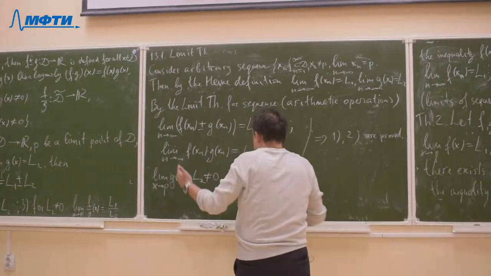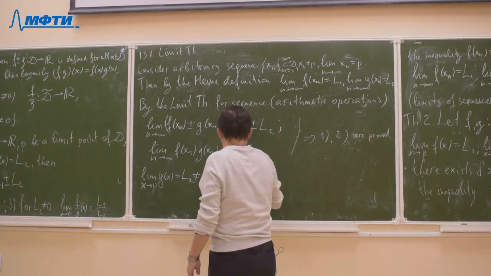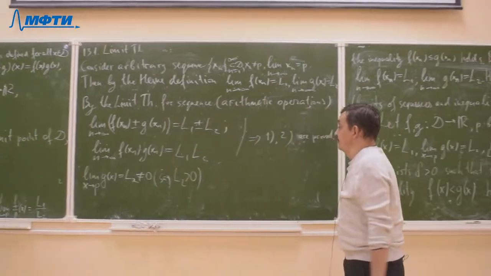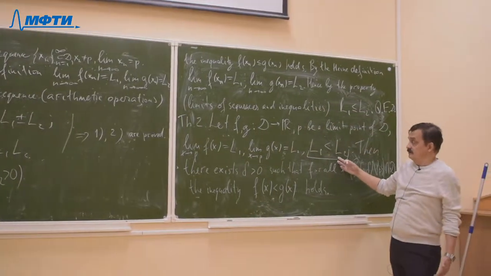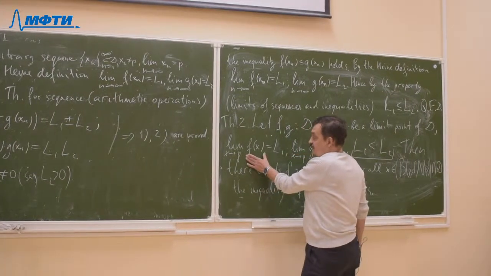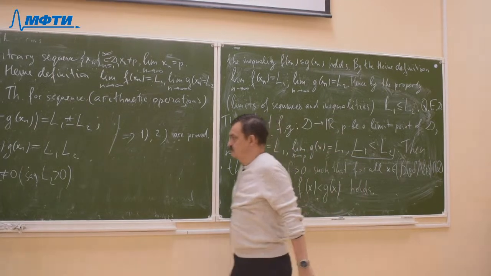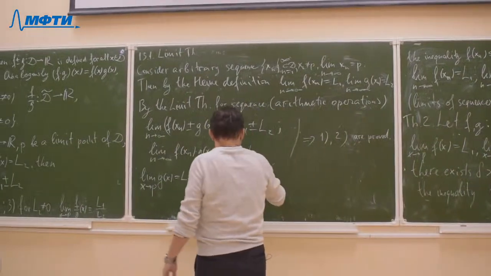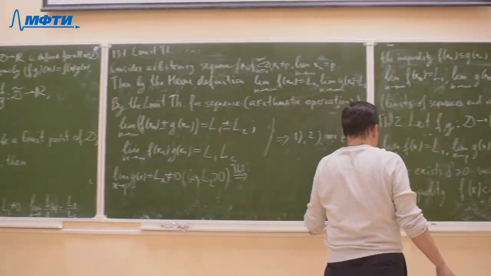Doesn't matter, let's say L2 greater than 0. Then, look, we can use Theorem 2. So, as f of x, we consider just zeros.